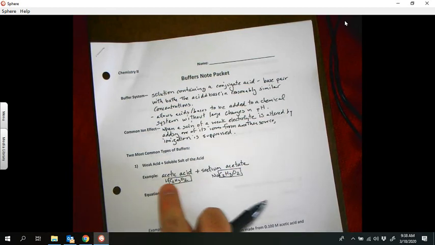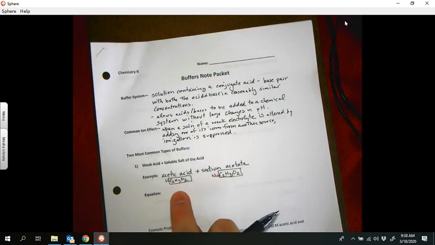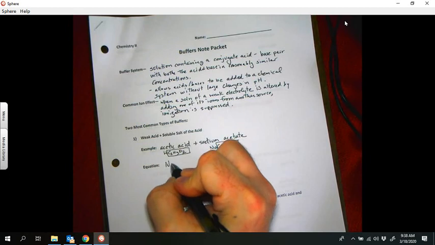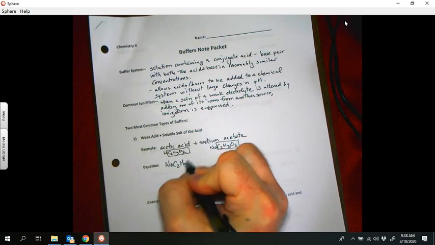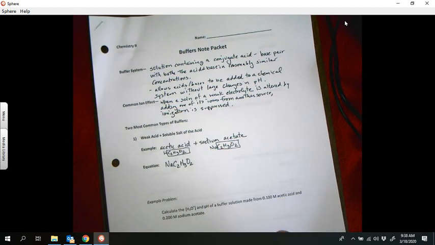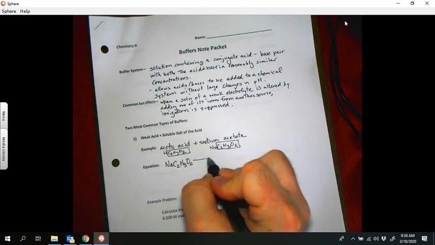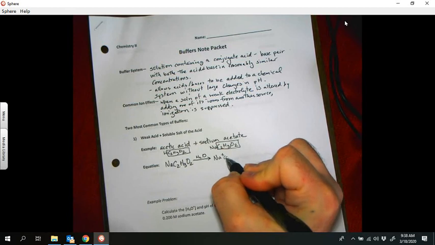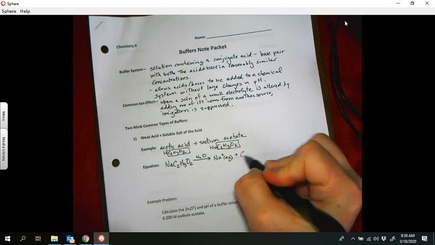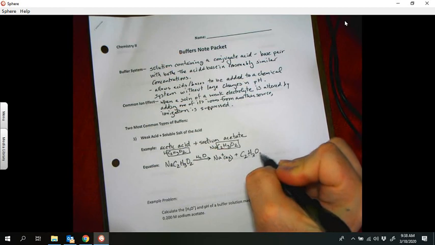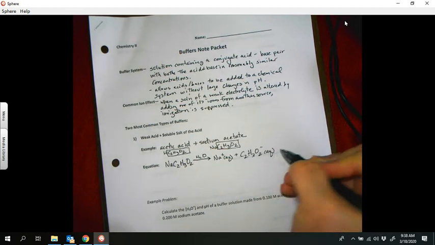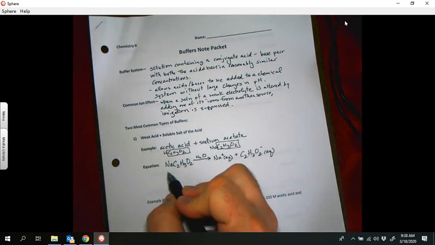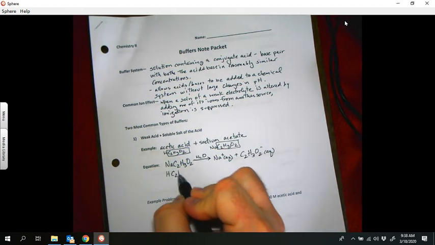To explain what's going on here, I'm going to write out the equations for both of these. NaC2H3O2 is completely soluble. If we put this in water, it breaks down into its two ions, just like we did when we did net ionic equations. But we also have an equilibrium system happening with the acetic acid.